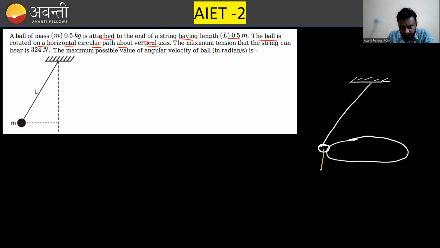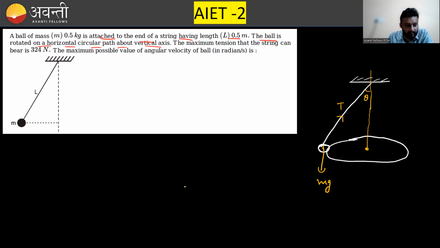This is going to be mg. I will place the value of m later. This is going to be the tension T. Let's suppose this is the angle theta. This is the center. So you can draw the components here.